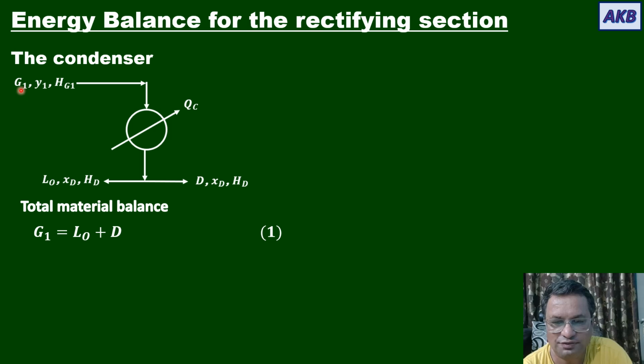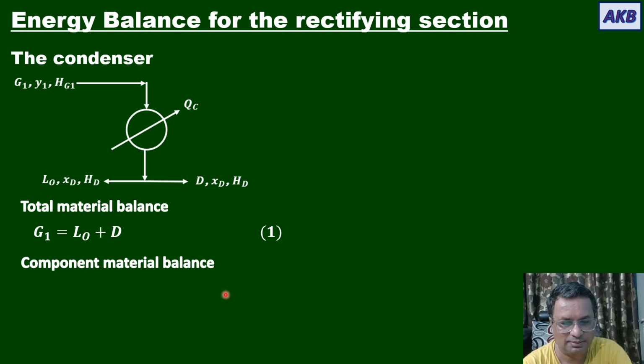So it will be G1 is equal to L0 plus D. G1 is input, L0 and D are output. So it will be G1 is equal to L0 plus D, and I am calling that equation number 1.